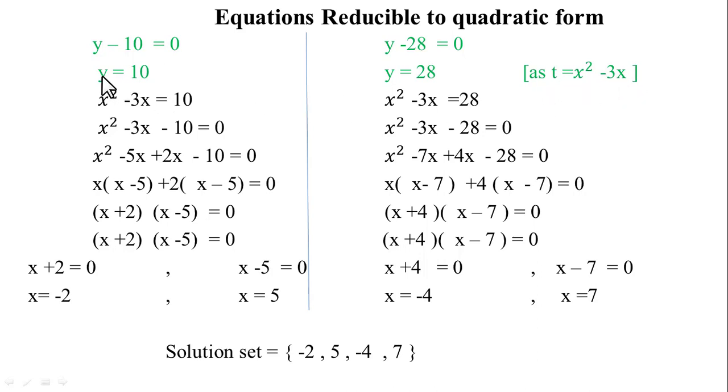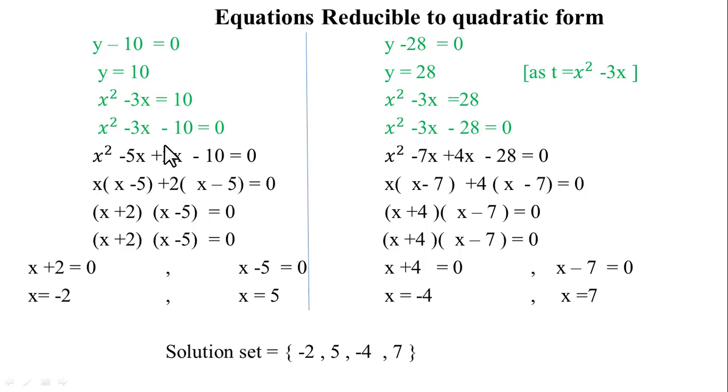Putting here, x square minus 3x is equal to 10, and also putting the value of y, x square minus 3x is equal to 28. Now rearrange the values: x square minus 3x minus 10 is equal to 0 and x square minus 3x minus 28 is equal to 0.